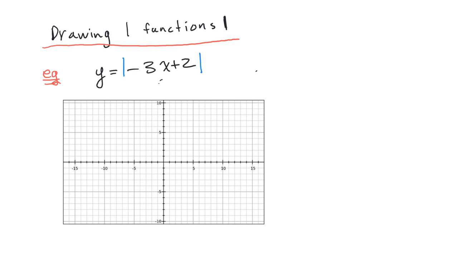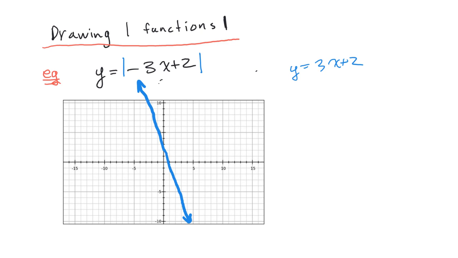So normally, you would draw the graph of y equals negative 3x plus 2 as something that looks like this. And basically, we have our graph of negative 3x plus 2.